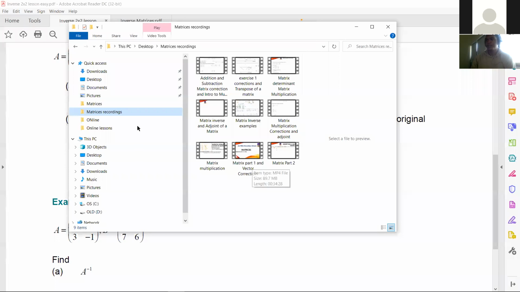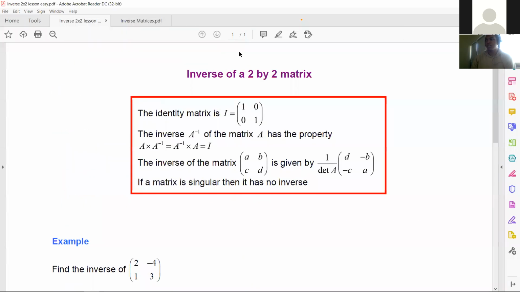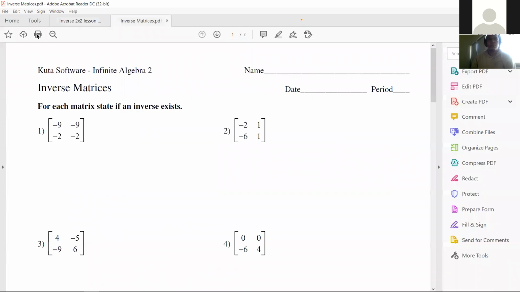Right. So to start off, this was part and parcel of the homework of yesterday, where we had to try and attempt to get the inverses of some of these matrices that we have seen over here.